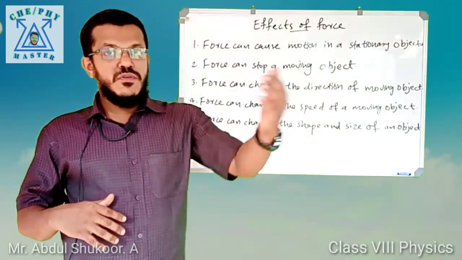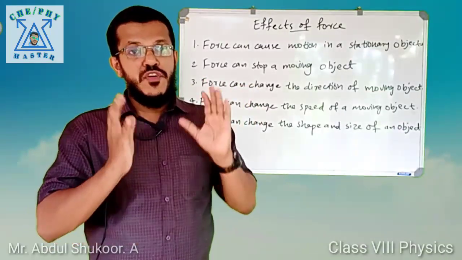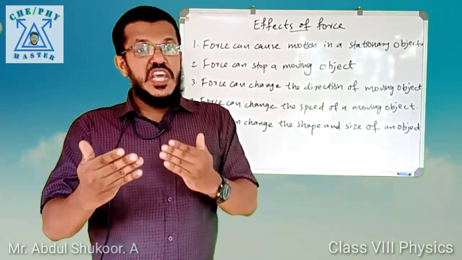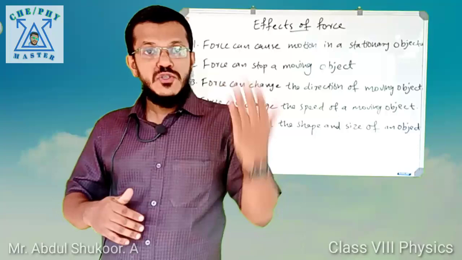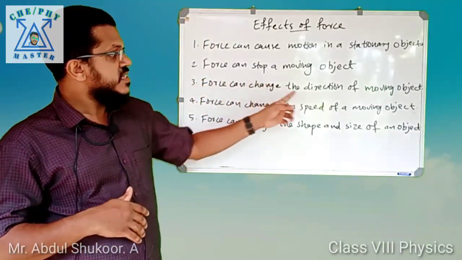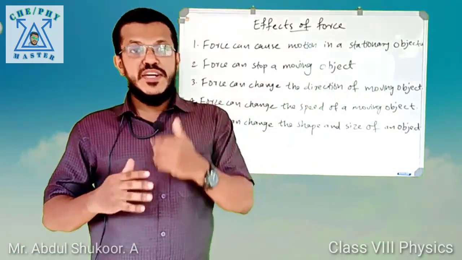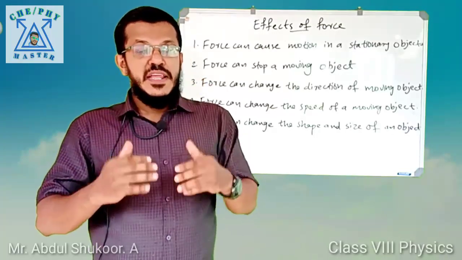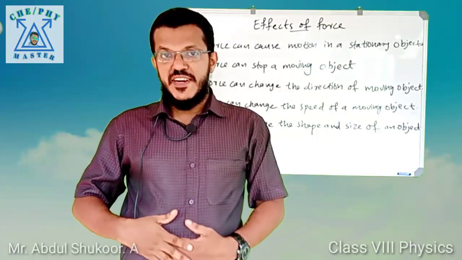If a body moves and you apply a force in the opposite direction, then the body changes from the state of motion to the state of rest. Third, force can change the direction of a moving object. If a body moving in a particular direction experiences a force in a different direction, then the direction of the moving body changes.